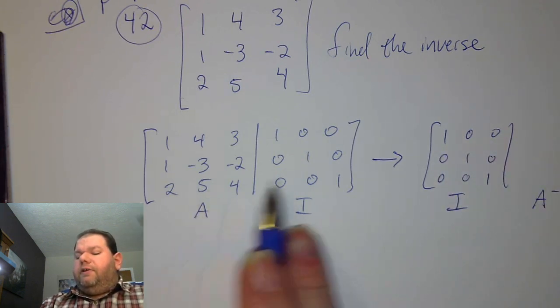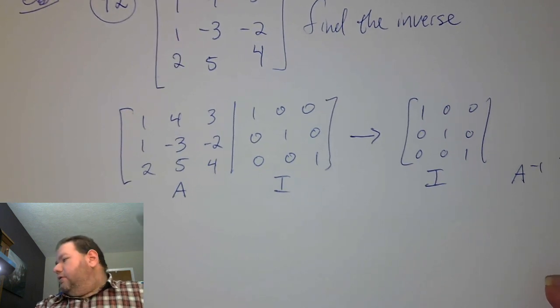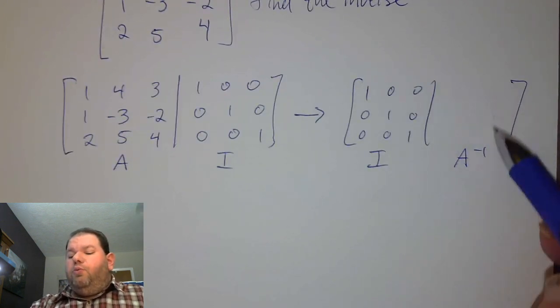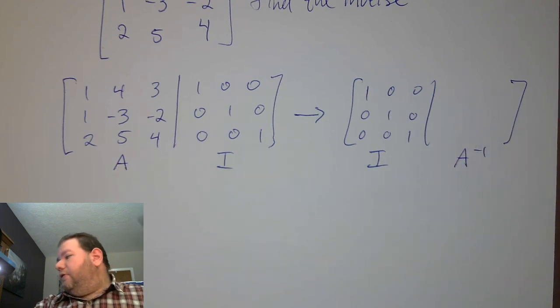So if we take this and turn it into something like this, whatever is over here is, if this is A, then this would be A inverse.